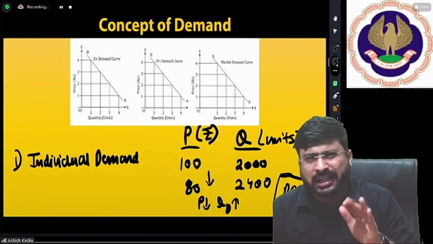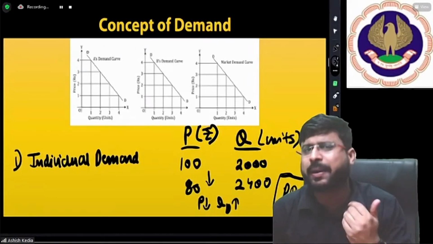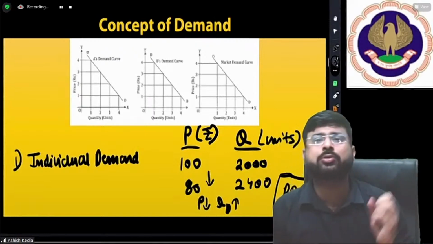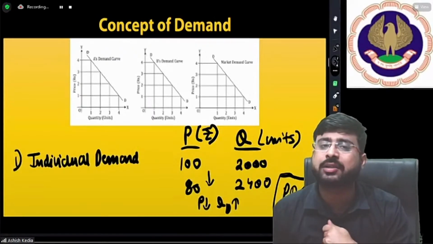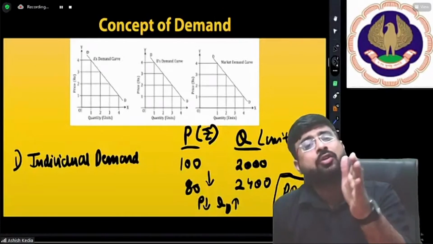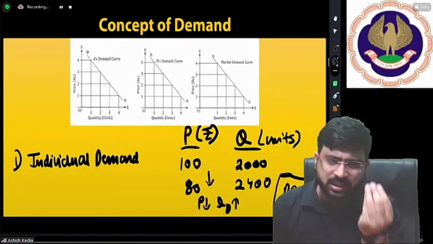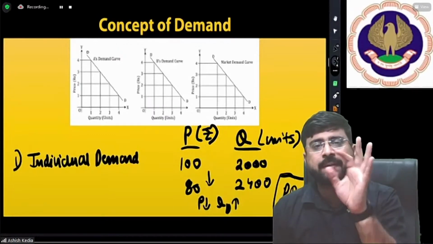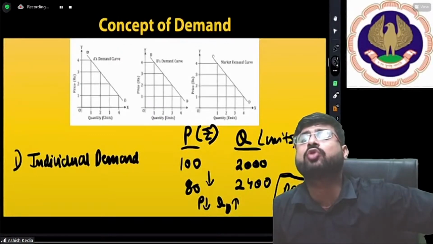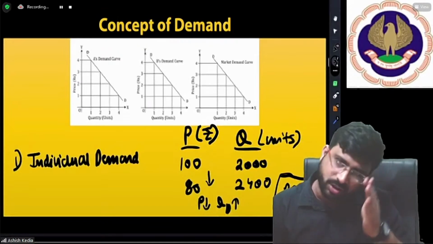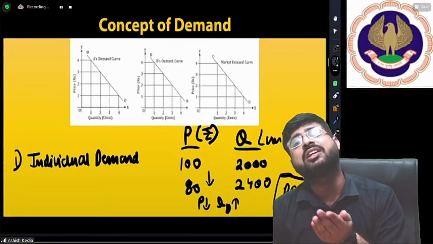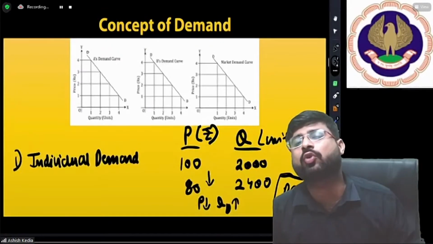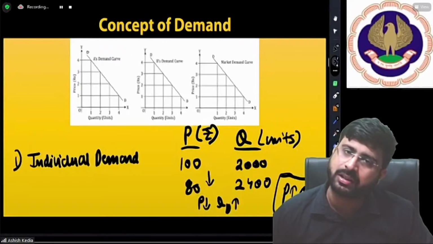It means that demand is not only influenced by price, there are other factors also. We are going to study those factors. But for the time being, whatever those factors are, be it income of the consumer or any other factor, we are assuming them to be constant. That is not changing. So when price rises, quantity falls; when price falls, quantity rises, other factors remaining constant. This is what the law of demand tells us.